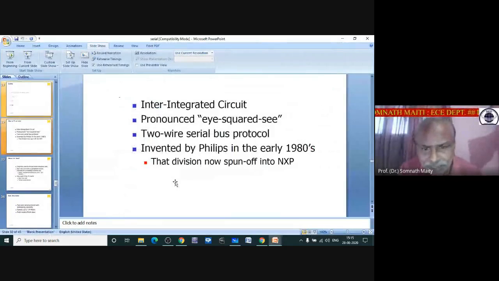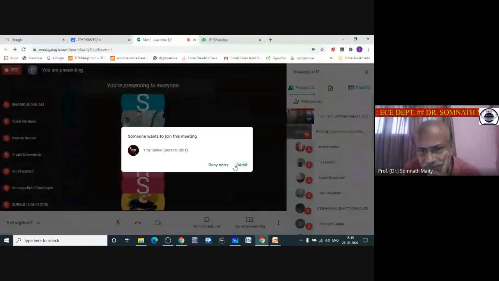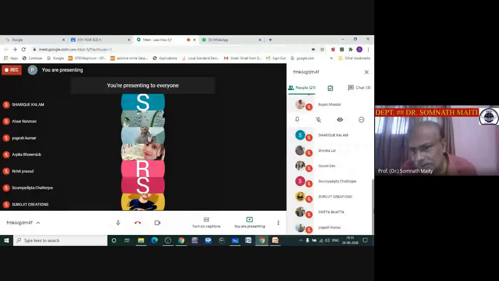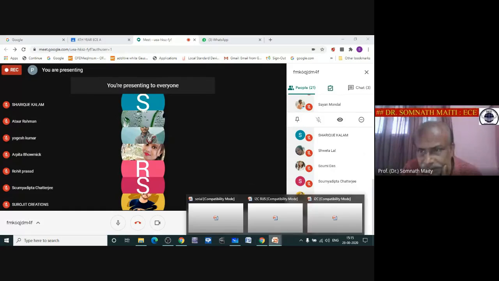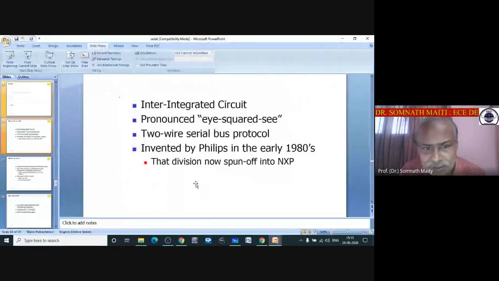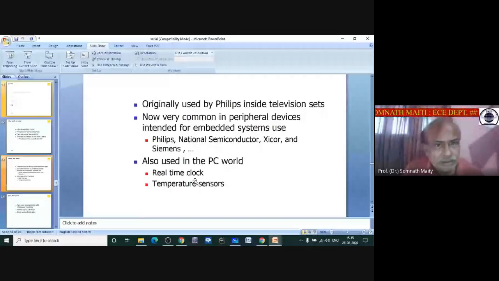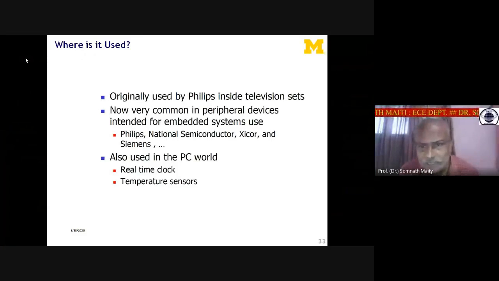This was invented by Philips, electronics giant from Holland, Netherlands, in the early 1980s. Originally used by Philips inside television sets.